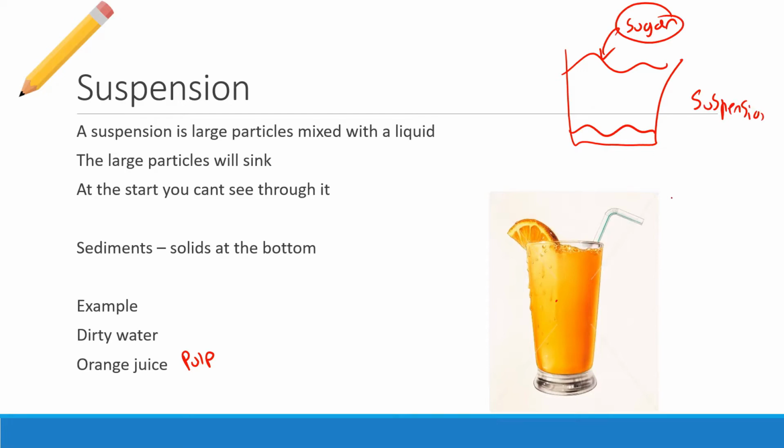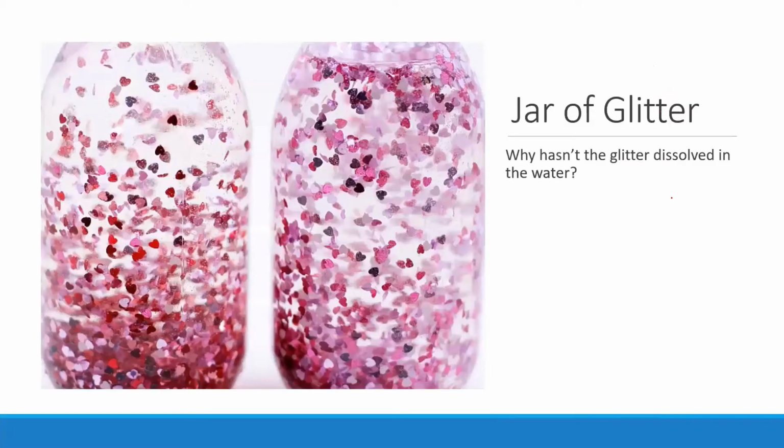Then at the very end, we showed you guys a picture of glitter. We said the glitter is a suspension. These things sink to the bottom because they don't dissolve in the water. We drew some pictures, and we said the pictures look like this compared to this. And then we asked what the similarities and differences were.